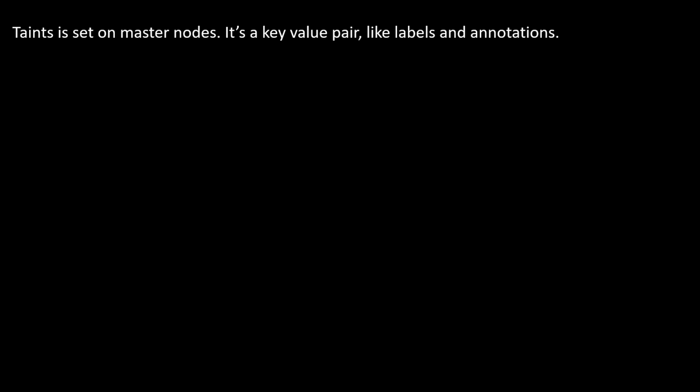Taints allow to discard certain types of pod. It means that when we add a key and its value on a node, if the same key and value is mentioned in the pod configuration file, then only the scheduler will create a pod on this tainted node. Here, a tainted node means when we add taints on a node, we call it a tainted node. Simple.